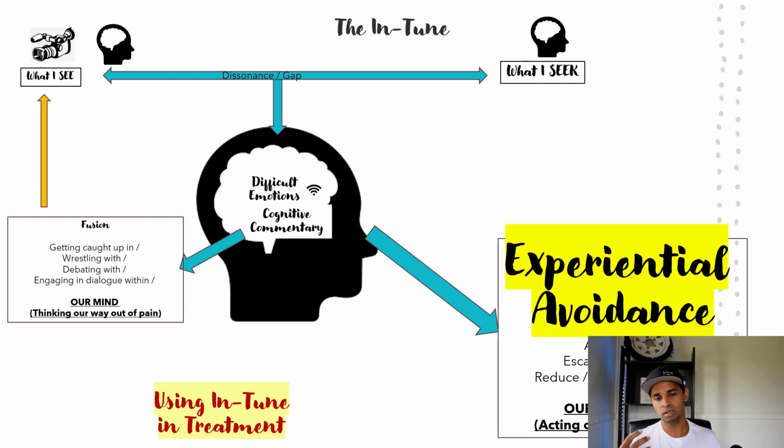But most of the time, we don't actually see that this isn't working and it's actually making life worse. And this is the part of ACT which we bring into this side of the formulation model when we get into treatment. We're highlighting to clients what they're currently doing, how it's working, and how it's making life maybe better in the short term, worse in the long term.